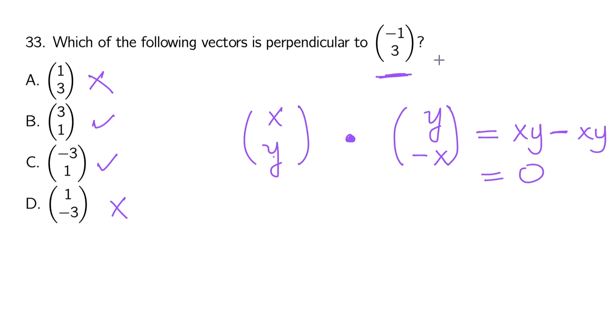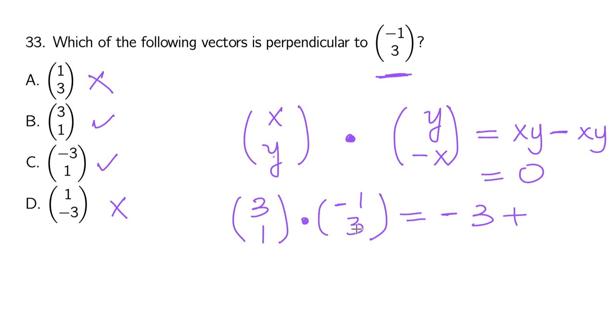Let's dot 3 1 with minus 1 3 and see what we get. We have 3 times minus 1, which is minus 3, plus 1 times 3, which is 3. So this is 0. That tells us that this is our answer.